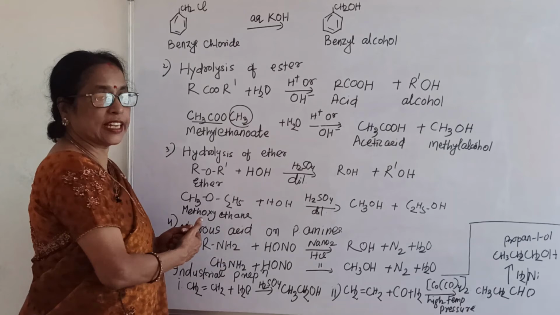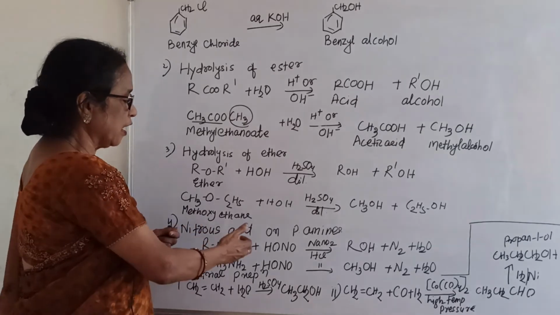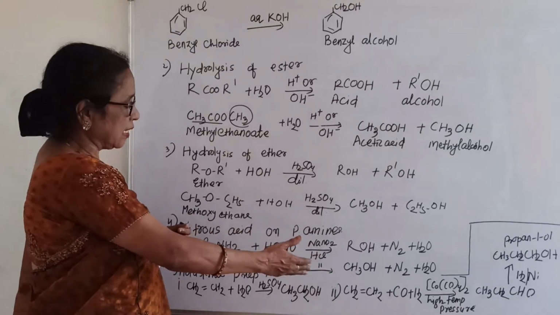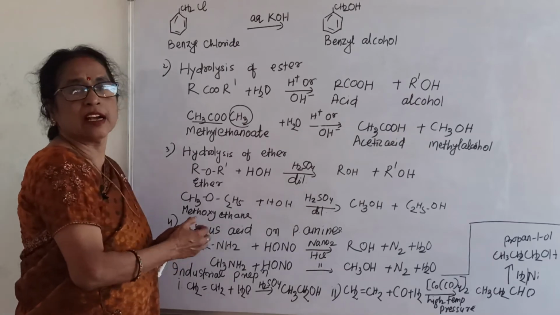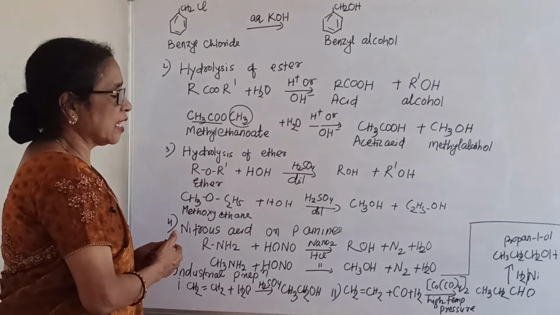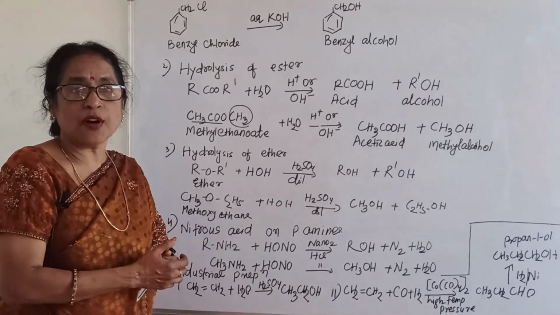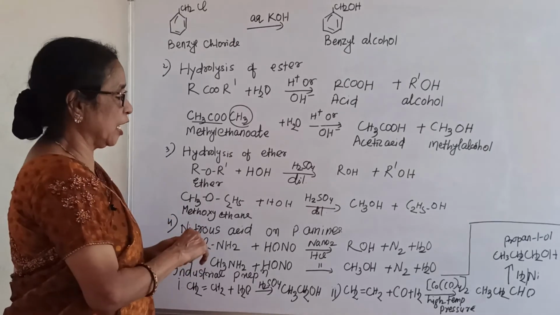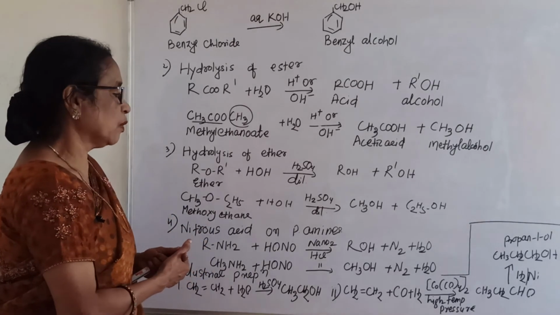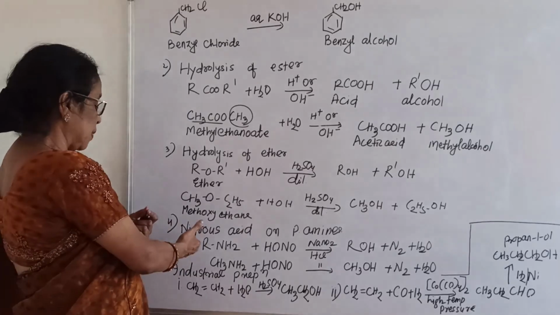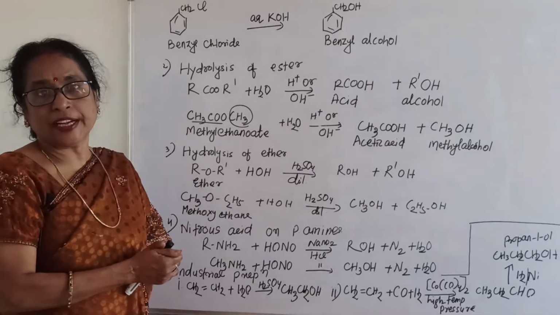Then when you are getting nitrous acid by treating sodium nitrite and HCl, you will get alcohol, nitrogen and water. That is very important. Primary amine gives alcohol, nitrogen and water. That is primary amine, aliphatic amine.